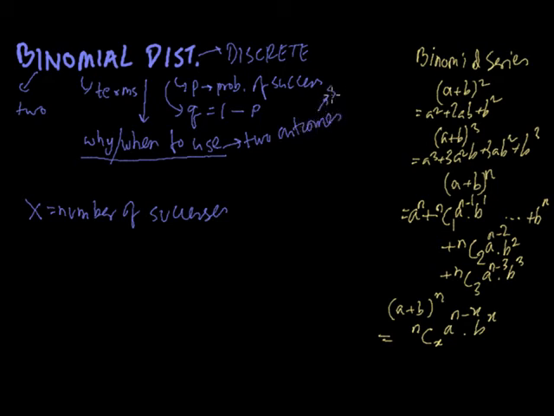We call them a success, with the probability of success denoted by P, and a failure, denoted by Q. That's one of the reasons. So one reason is there should be two outcomes. If you're tossing a coin, it can be a head or a tail, so we can consider it a binomial distribution. Another thing is that the number of trials must be fixed.